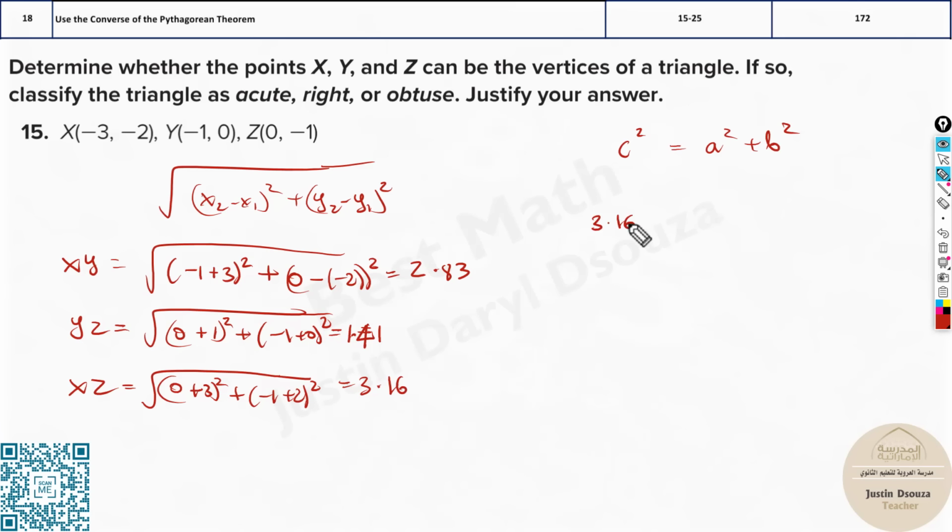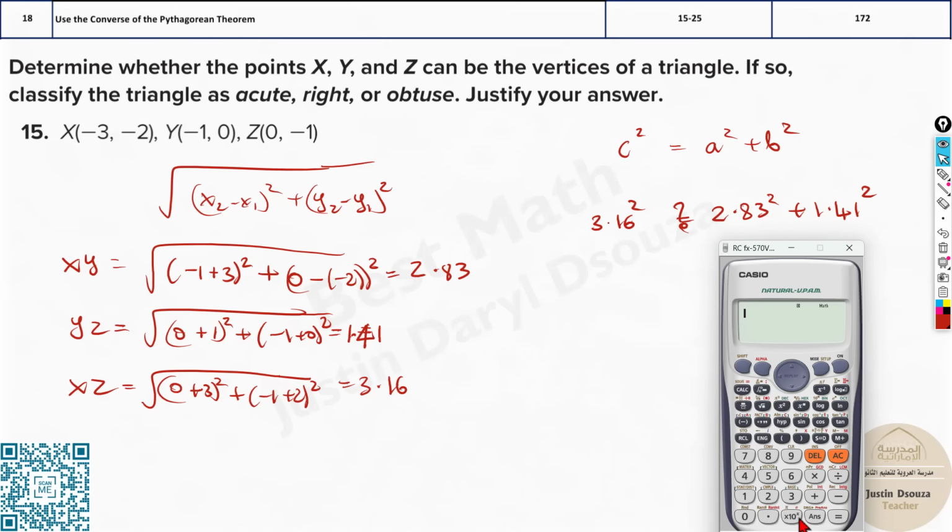It's 3.16 squared. That must be equal to over here 2.83 squared plus 1.41 squared. But we don't know exactly whether that's equal. So we can write a question mark. Let's see what happens in both the sides. Are they equal or no? Here we need to do both the sides.